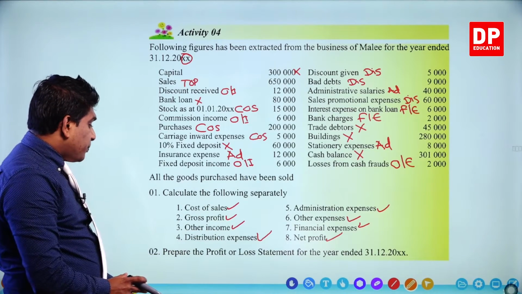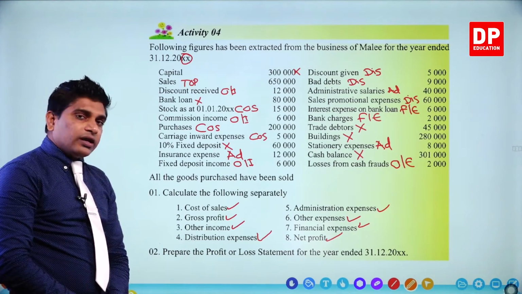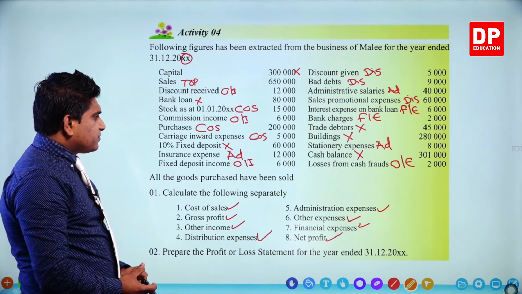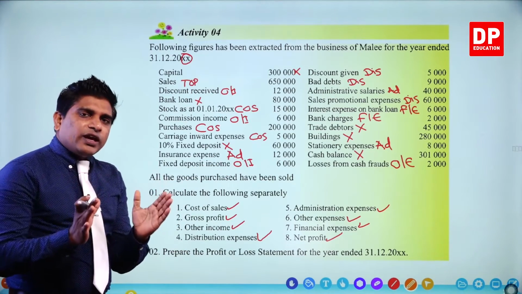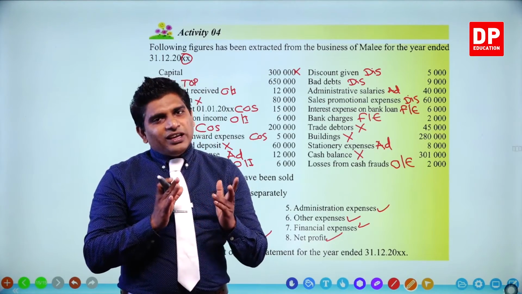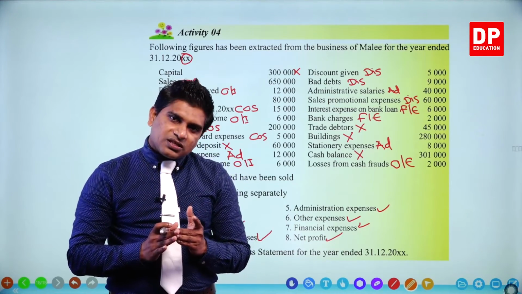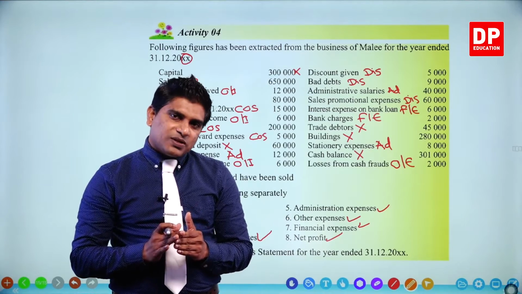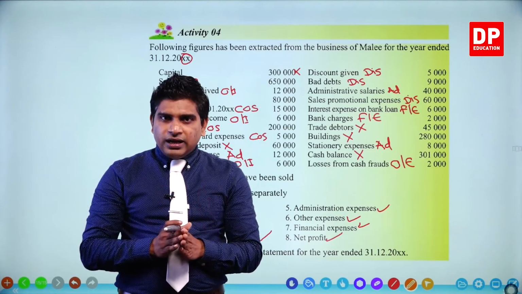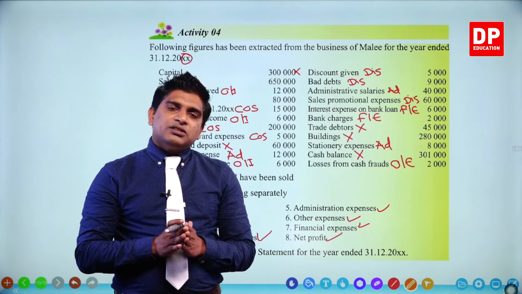Finally, they ask to prepare the profit or loss statement for the year ended 31st December 20XX, the same year. It's better if you count how many administration expenses, distributing expenses, financial expenses and other expenses there are. Now everyone take your ruler and pen to draw the profit and loss statement.